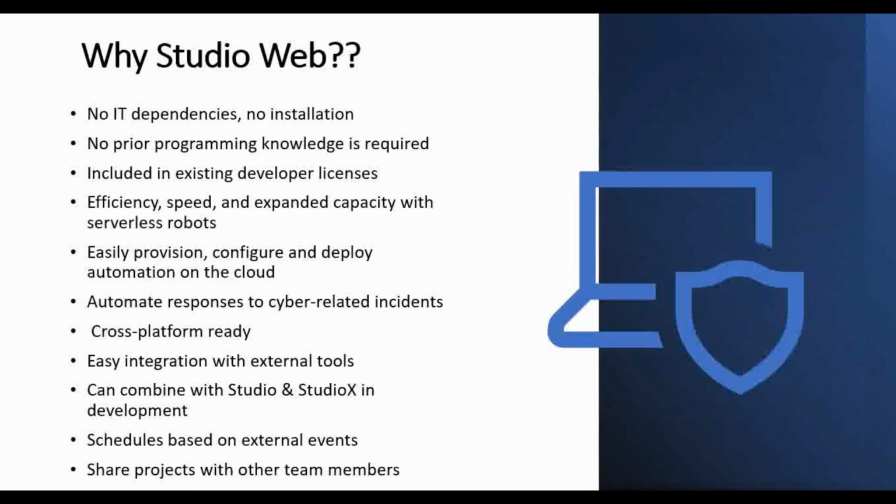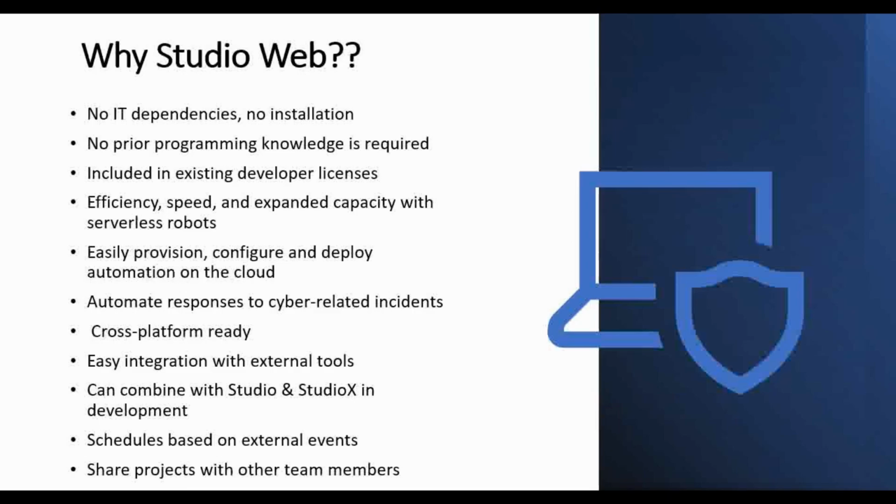If I'm making some changes in my desktop studio and it is directly linked to the Studio Web, whatever changes I'm making will get reflected in the Studio Web also, right? So just consider if two developers are going to work on the same project at the same time, how can it do the version control? It's not possible, right? So that's why at a time we can use only one studio for the development purpose.